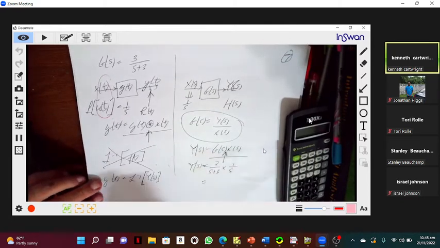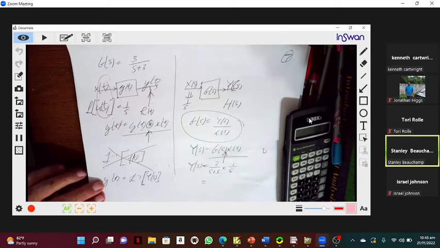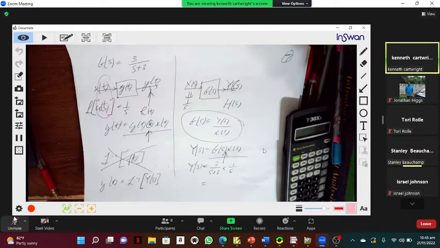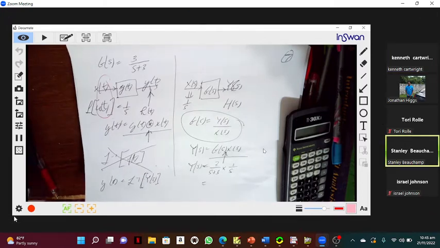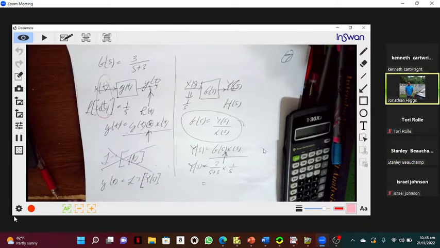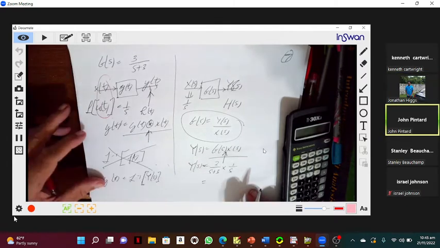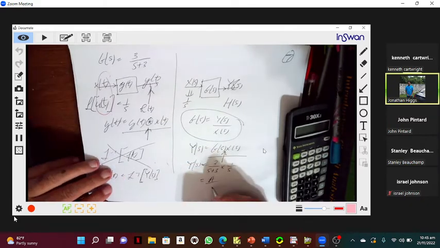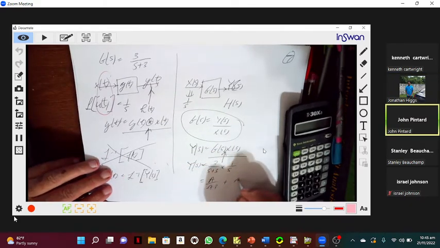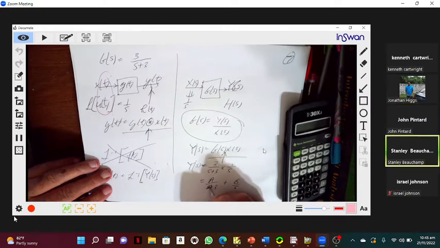What is this in partial fraction expansion? 3 over s squared plus 3s. A over s plus 3 plus B over s.